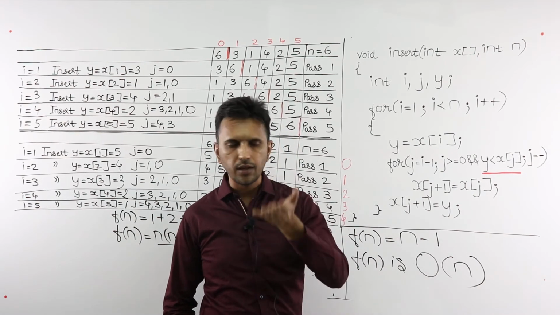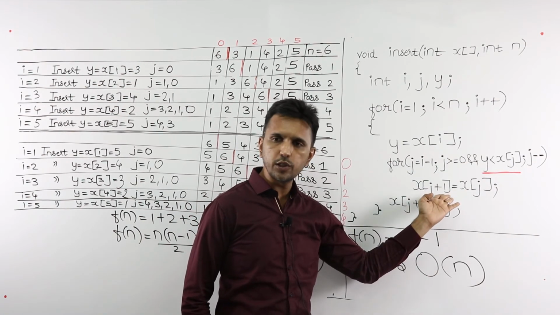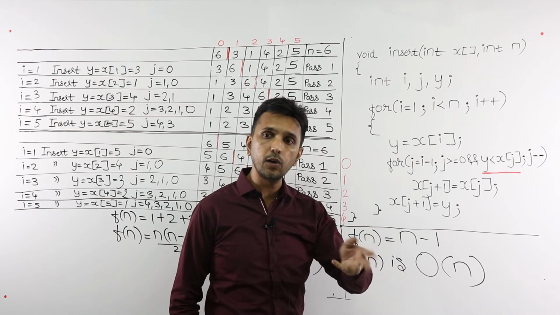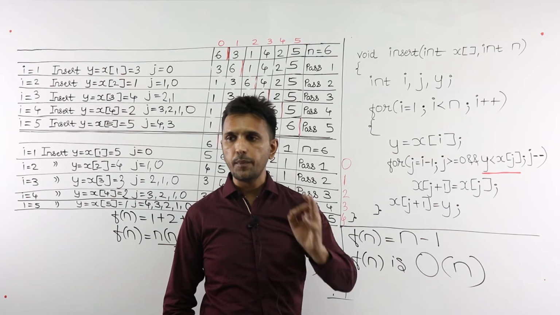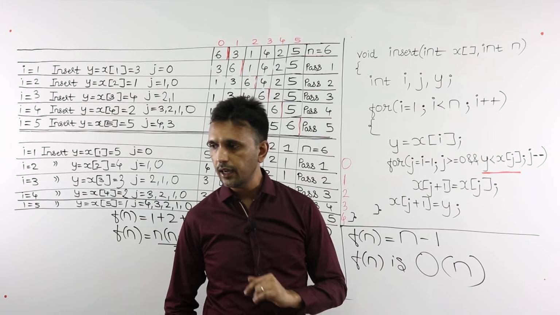See, it's common sense. You will always compare and then only you will shift. So it cannot happen that you don't compare and do shifting. You understood what I said? So the number of comparisons is always greater than or equal to the number of shiftings. Any doubts?